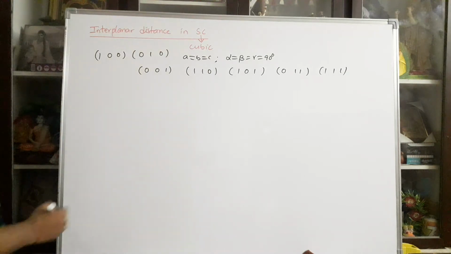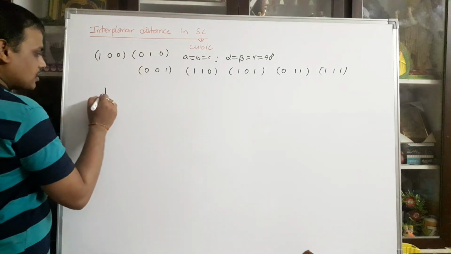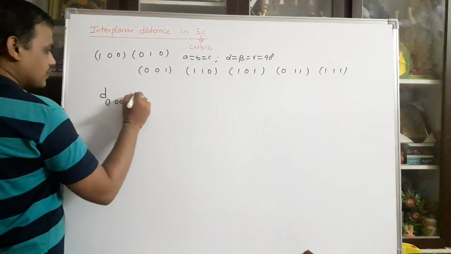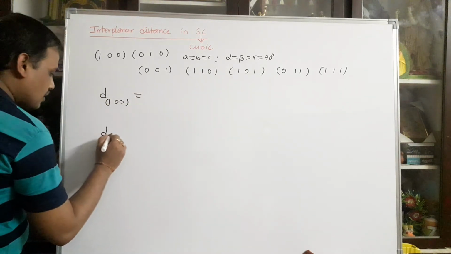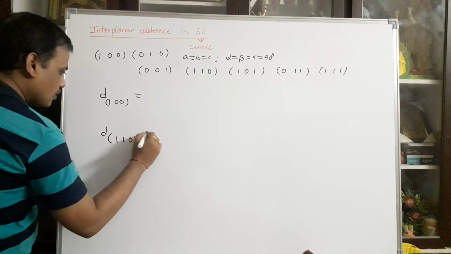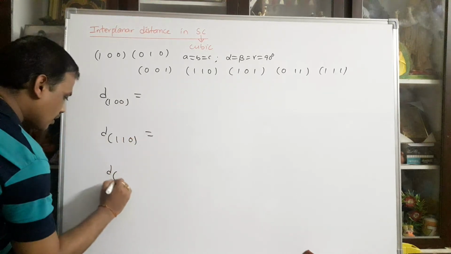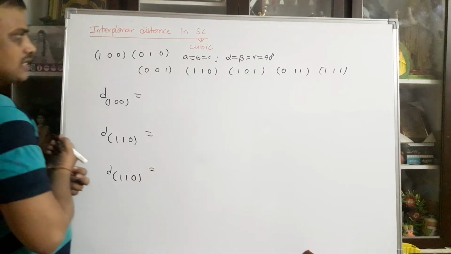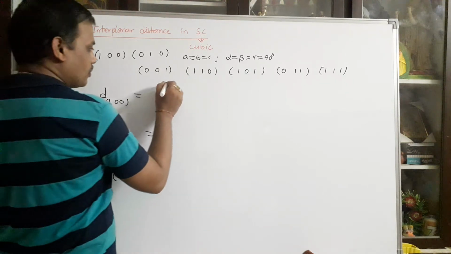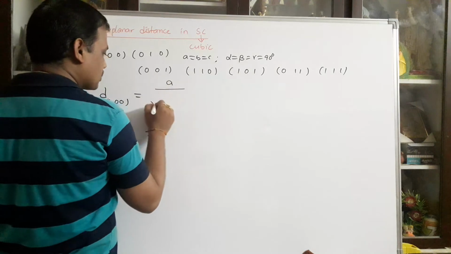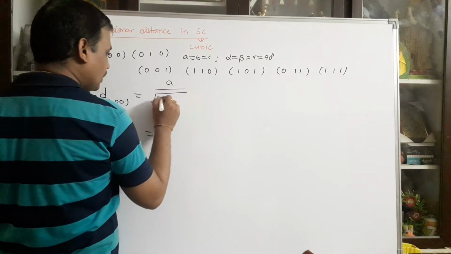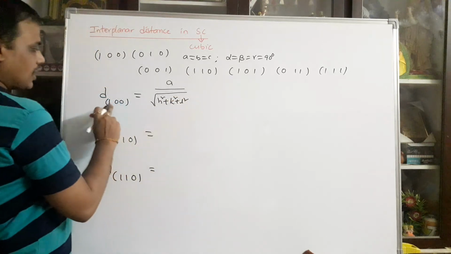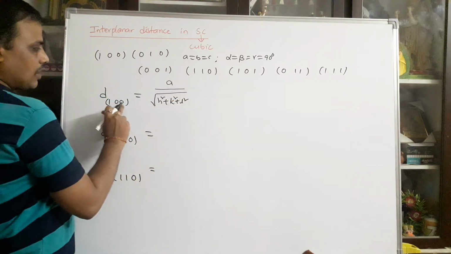So I am taking the interplanar distance of 1 0 0 first, then interplanar distance of 1 1 0. For cubic, you know the formula is a by square root of h square plus k square plus l square. Here h is equal to 1, k 0, l 0.